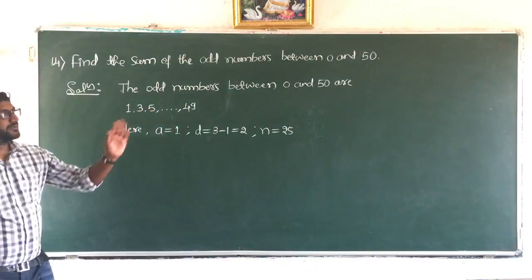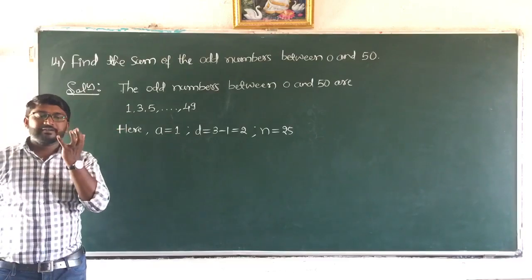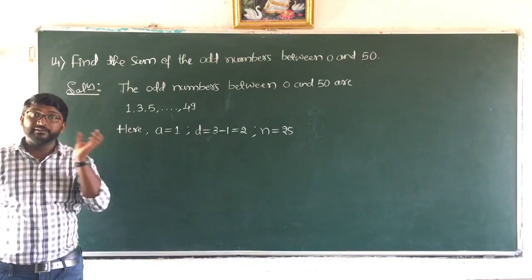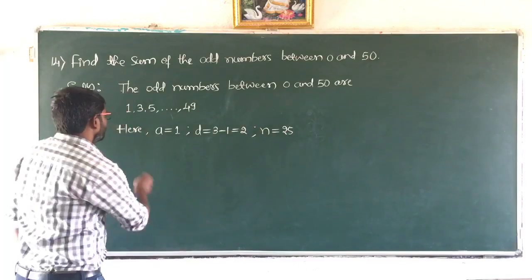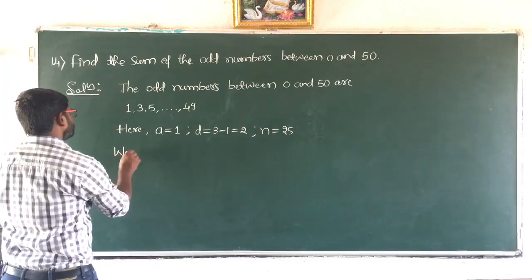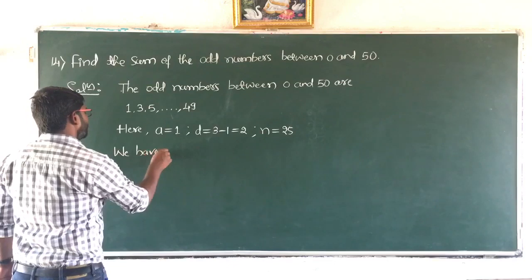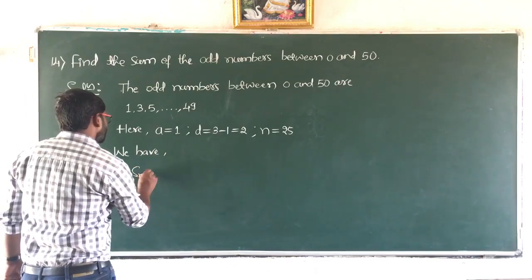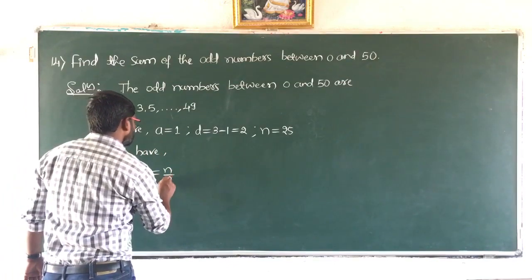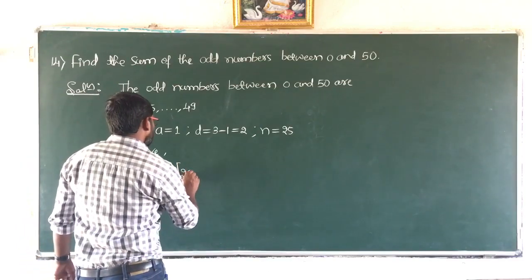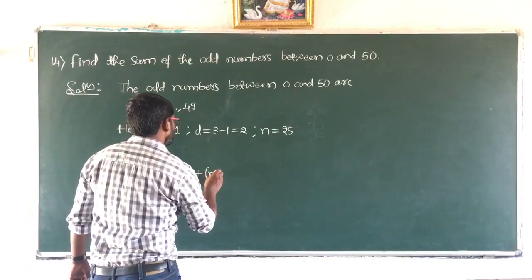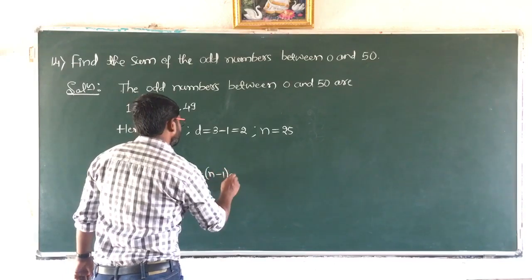So between 0 and 50 there will be 25 odd numbers and 25 even numbers. That is why the n value is 25. So now we have Sn which is equal to n by 2 times 2a plus n minus 1 into d.